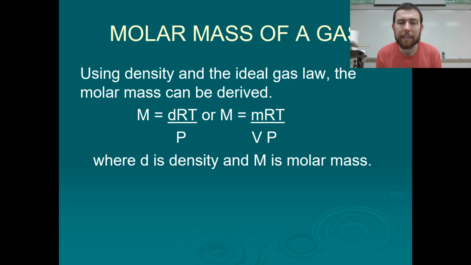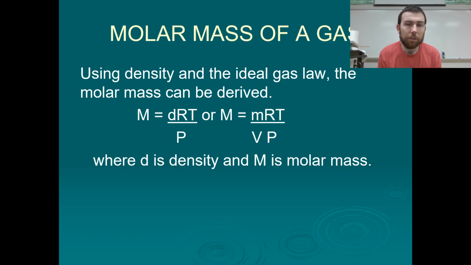So using density in the ideal gas law, the molar mass can be derived using the following expression: M equals dRT over P, where d is density, R is the ideal gas constant, T is the Kelvin temperature, and P is pressure.